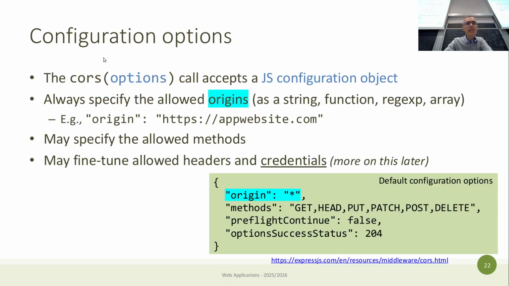And the point is that cors can take an options object where we can indeed set this origin. That's a default configuration, the star that we saw before, and methods, all methods, and what to say in case there are issues and so on.